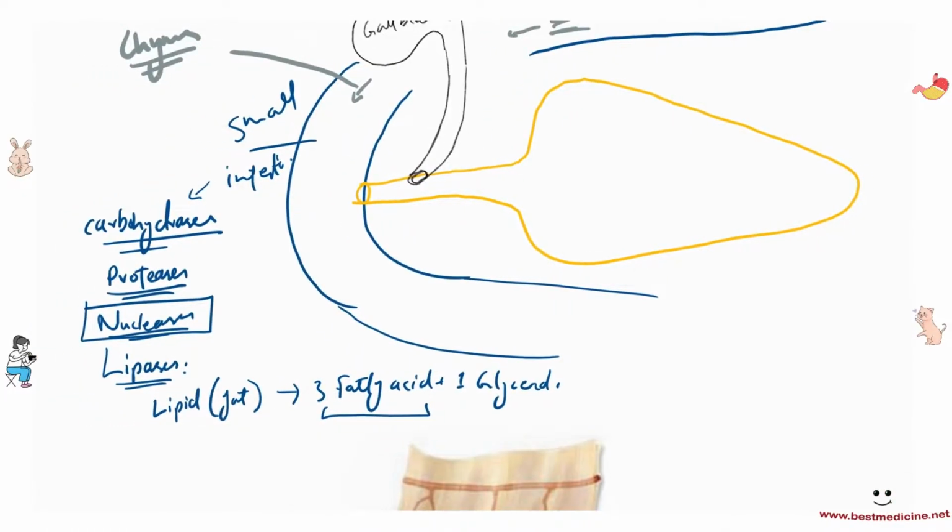Just like the small intestine has enzymes like carbohydrases, proteases, nucleases, lipases, the pancreas also has pancreatic carbohydrases, right, which will break down carbohydrates. It would have amylase, which is a carbohydrase, and it would have proteases and lipases, etc. And all of those enzymes are coming into the small intestine through this pancreatic duct.